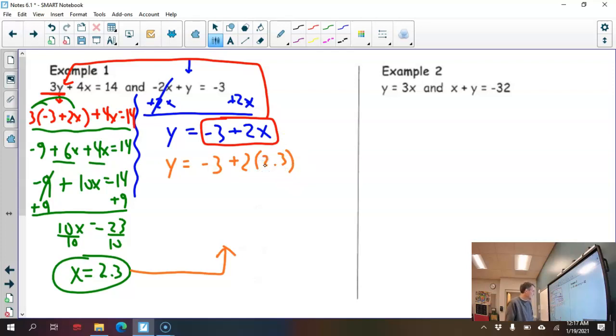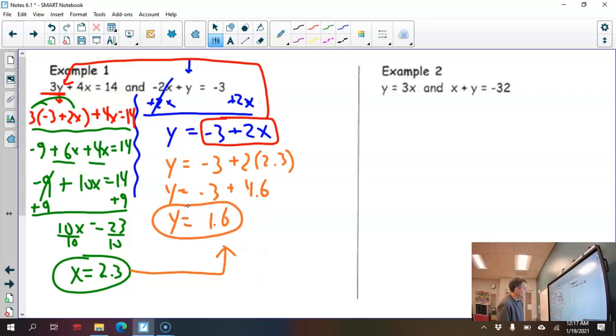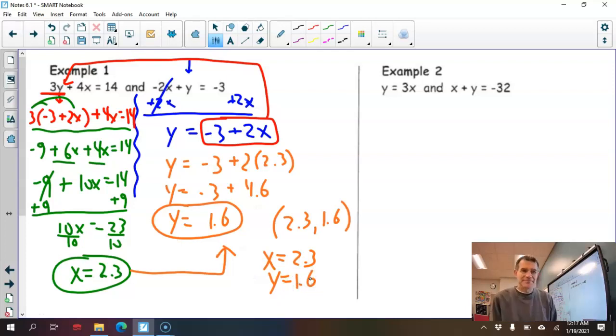That gives me the y value, -3 plus 4.6, and that would be 1.6. So I could write that as an ordered pair, (2.3, 1.6), or I could just write x equals 2.3, y equals 1.6. And I have solved it.